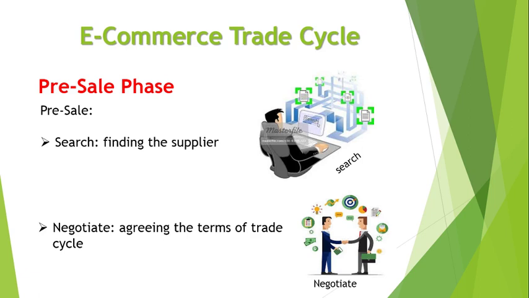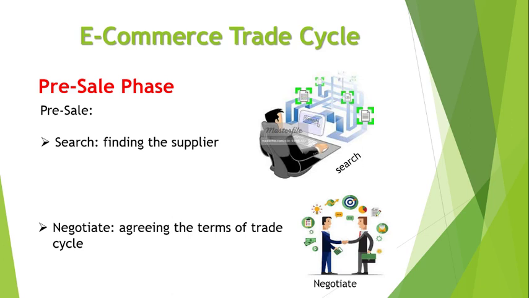Another stage in pre-sale is negotiate. Then you will check the prices, compare those prices with other providers, other suppliers also, and if you feel that this is the price I am looking for, you will agree with the terms of that trade.